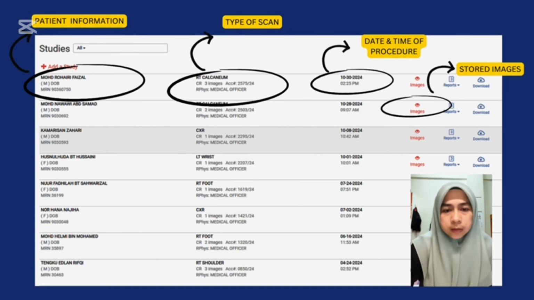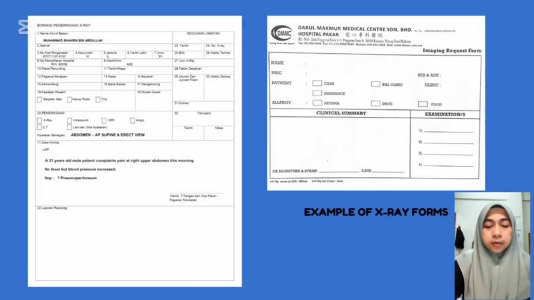So this system helps doctors or any medical professional such as a radiographer have immediate and quick access to the results. And this is an example of an X-ray form. Okay, when a patient needs to do a procedure, the doctor in charge will fill in this form. The right part is usually from the outpatient.